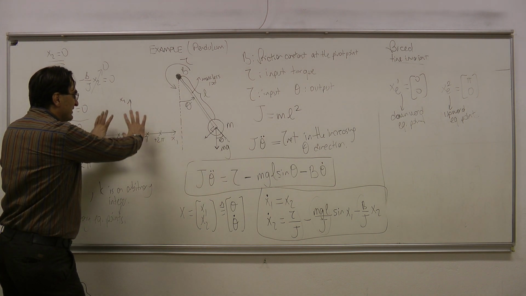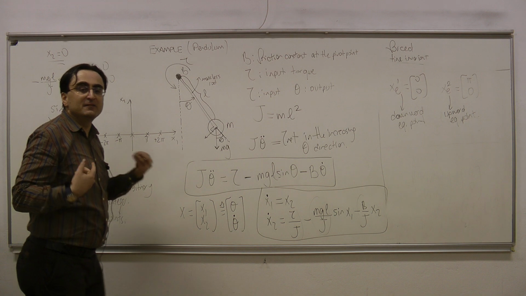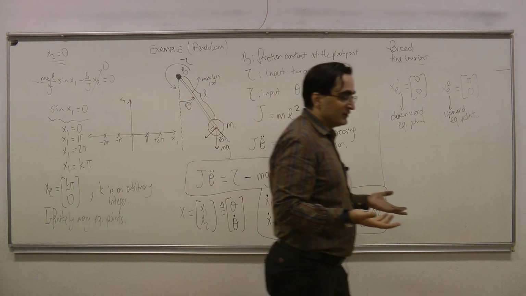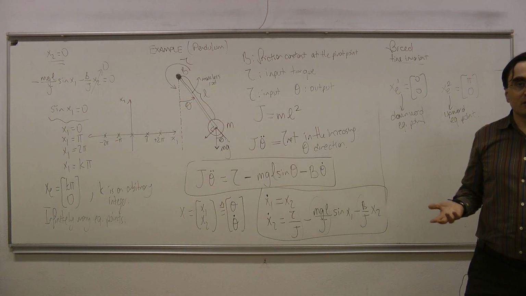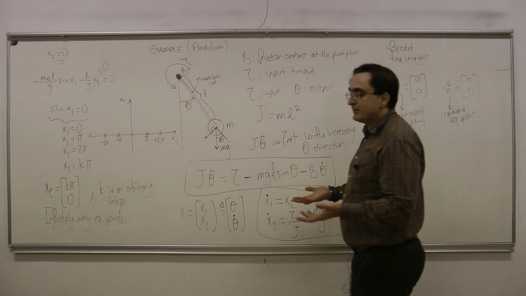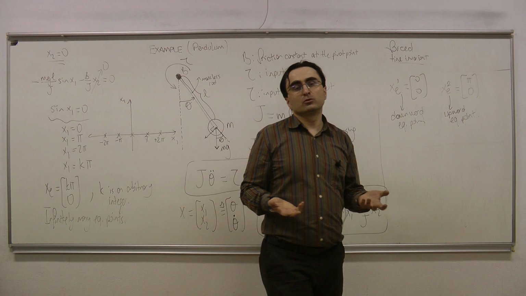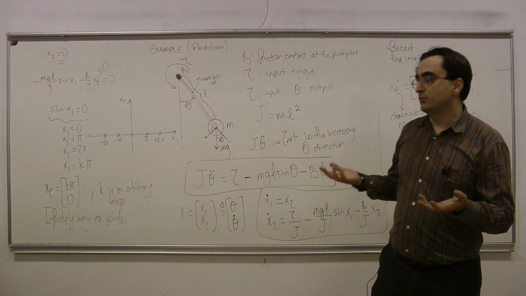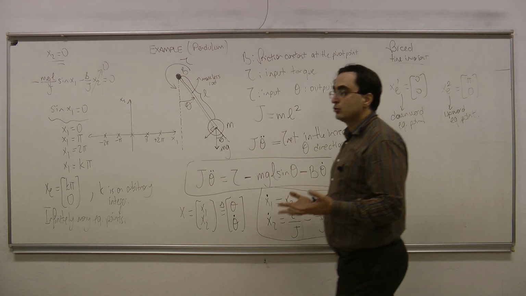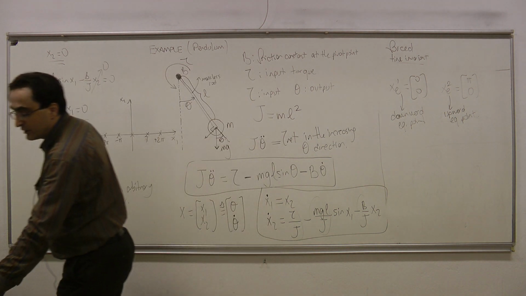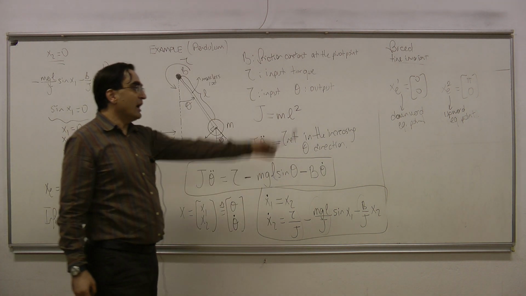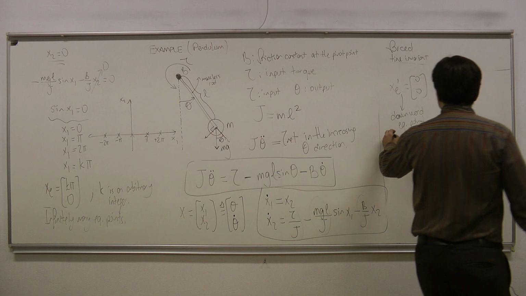So although mathematically the pendulum system has infinitely many equilibrium points, in physical terms, how many unique equilibrium points do we have? We have only these two. Okay?